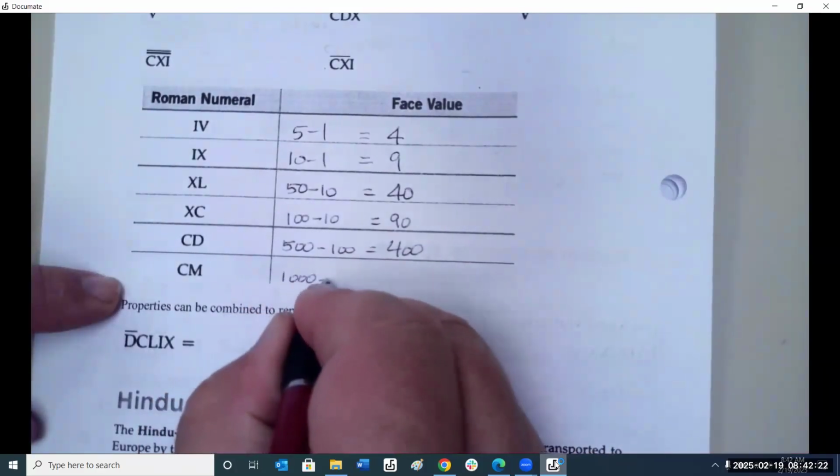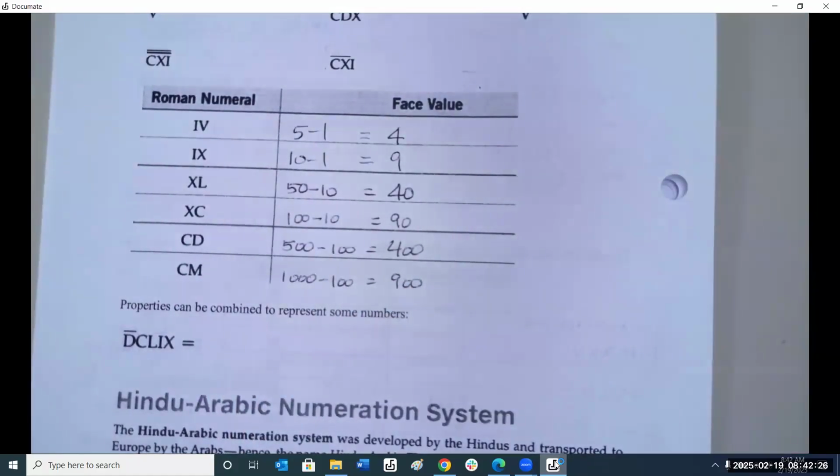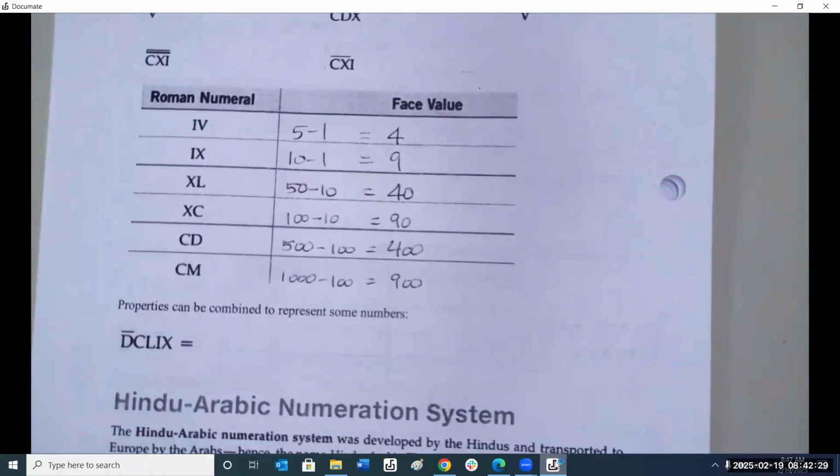And 1000 minus 100 equals 900. So far, so good.